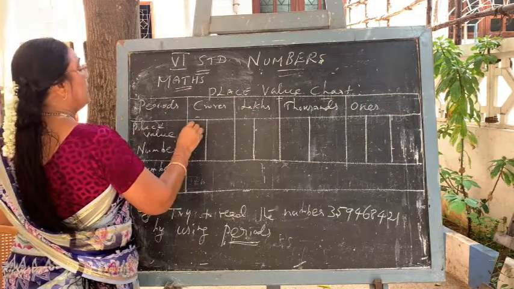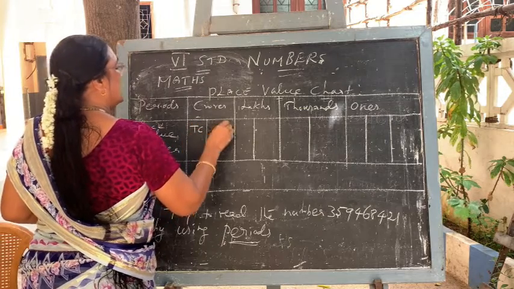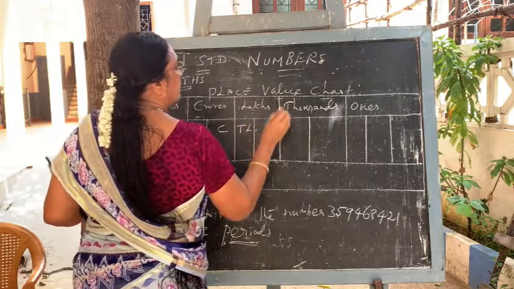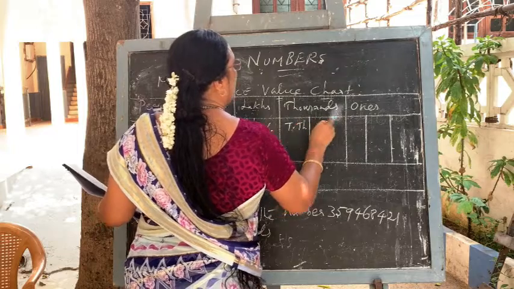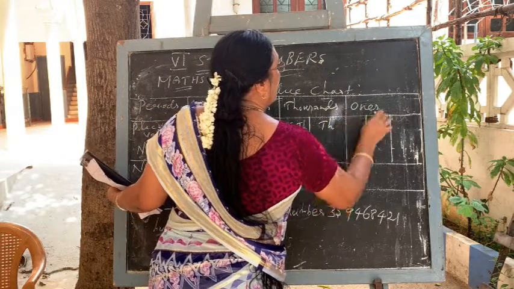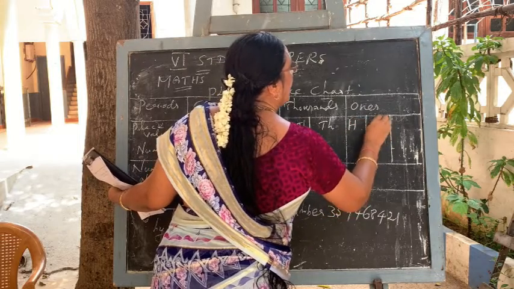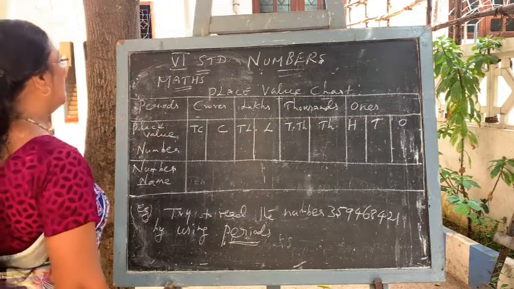Now what is in the first column? 10 crore. Isn't it? This is crore and this is 10 lakh, then lakh, and 1000, 10,000, then 1000. Here you have to write hundreds, tens and ones.